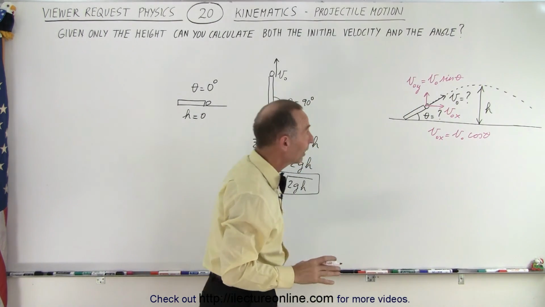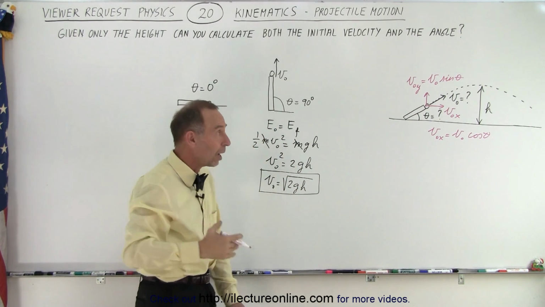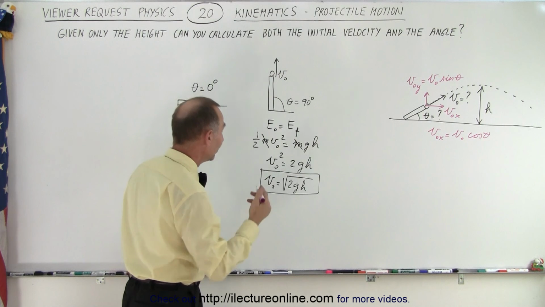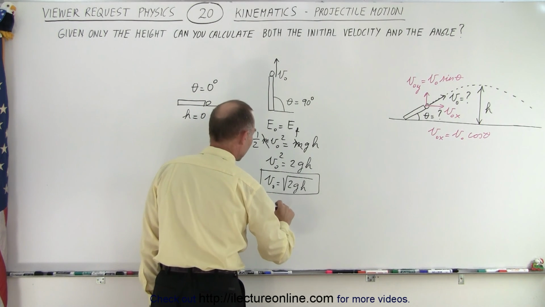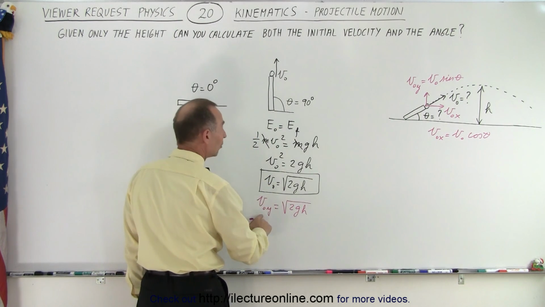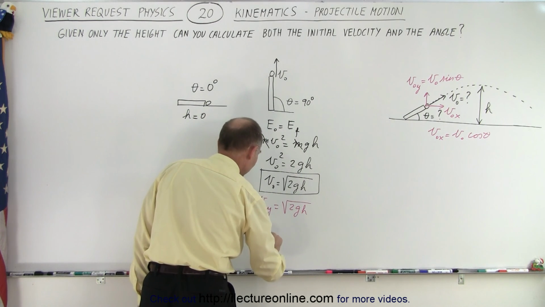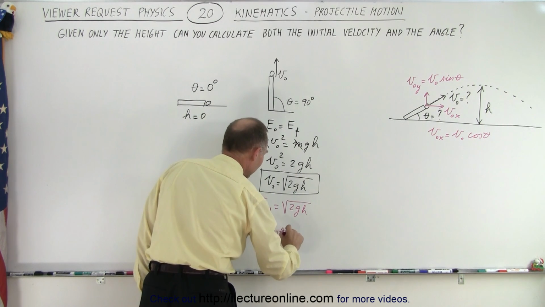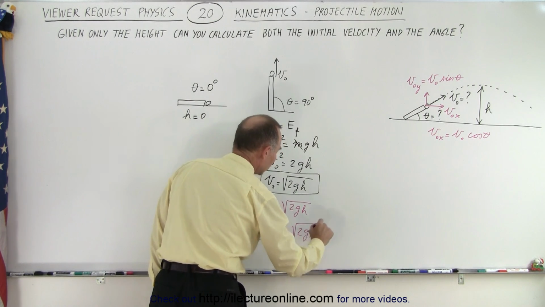So the initial velocity in the y direction is the one that determines how high the object will go. So v initial in the y direction has to be equal to the square root of 2gh. And since v initial in the y direction is equal to v initial times the sine of theta, we can say that v initial times the sine of theta is equal to the square root of 2gh.